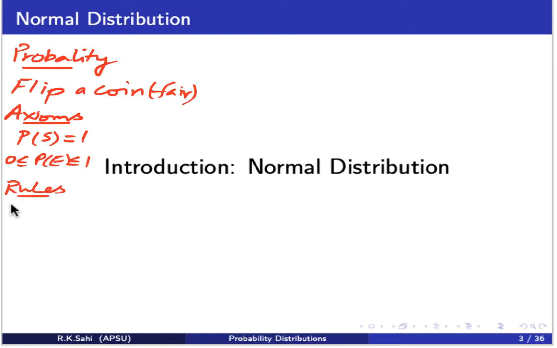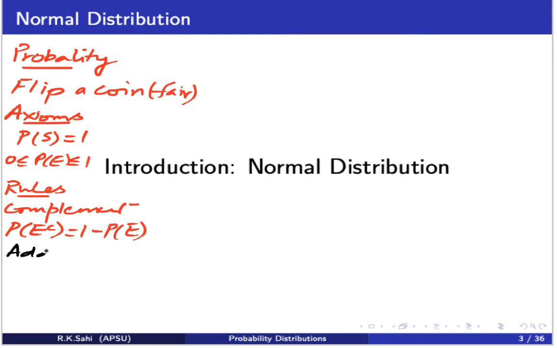The first one was the complement rule. What was the complement rule, if you remember? The probability of the complement of an event, or not E, is 1 minus the probability of the event. Then we also looked at the addition rule.